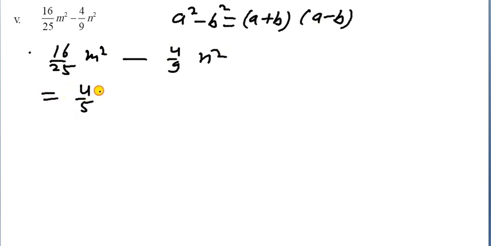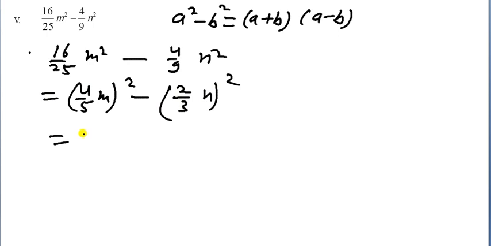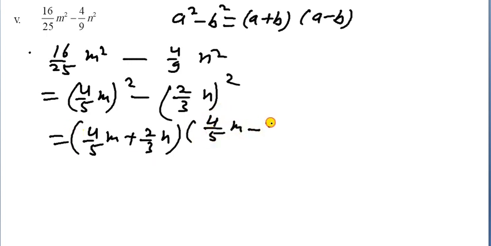It is (4 upon 5 m) whole square and minus (2 upon 3 n) whole square. So once add here, 4 upon 5 m plus 2 by 3 of n, and once subtract here, so you have to write 4 upon 5 m minus 2 by 3 of n. So that one is your answer.